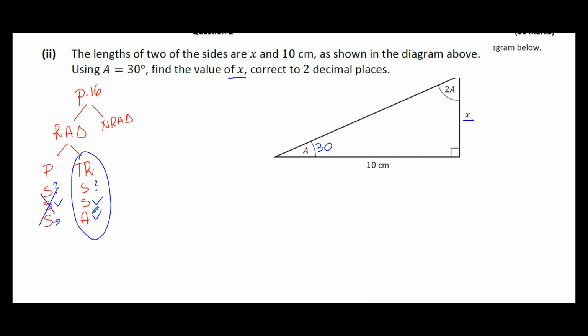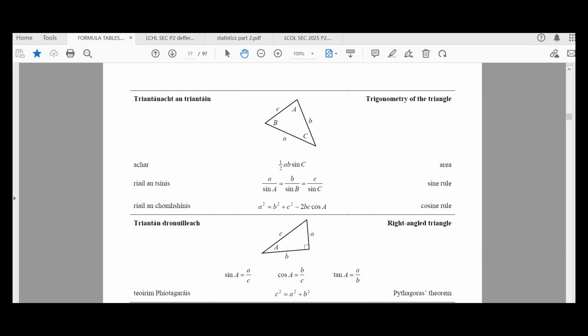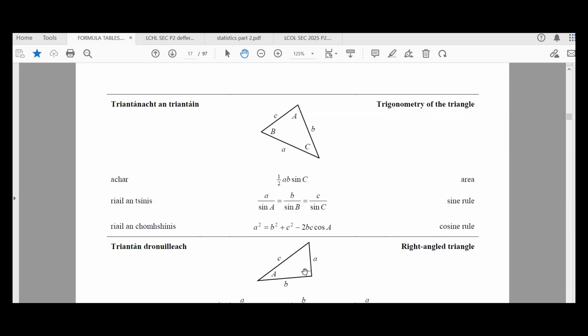Okay, now the next question. Which of them? Is it the sine? Is it the cos? Is it the tan? How do we know? Well, first, we put letters on our own triangle, as you can see in the triangle in your table. The main thing we need to observe is that if I have angle A, the side opposite that angle is small a, and where I have the right angle, the side opposite is small c.